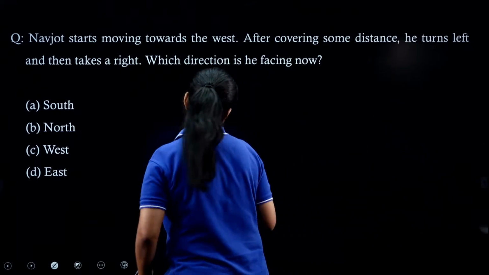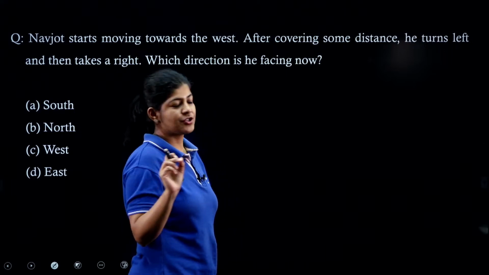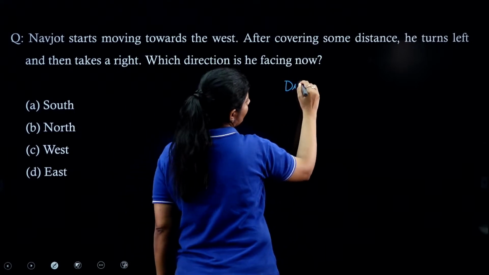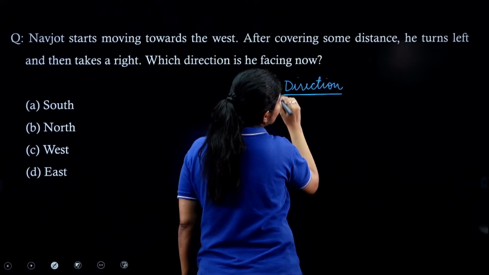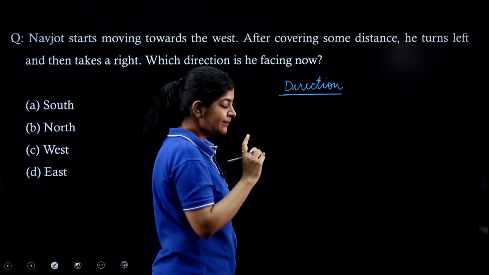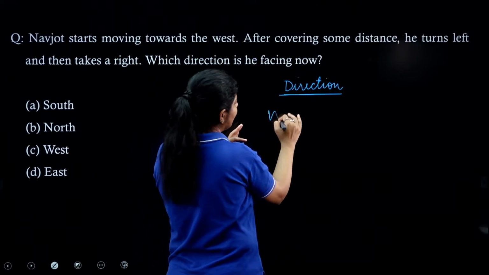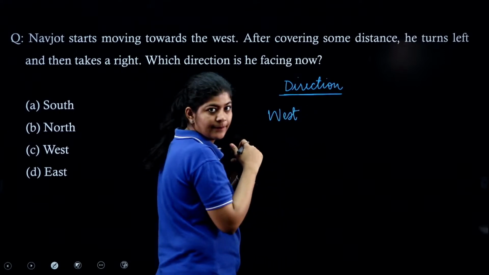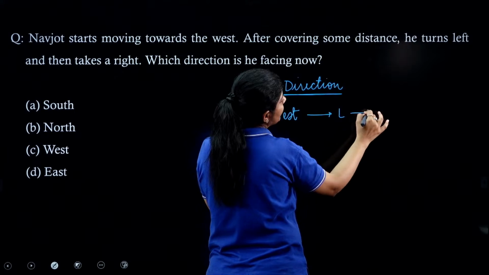I'll tell you one trick. Just listen. If we need to find out the direction, then just write down the initial given direction that we are having. And in this particular question, it is west, right? The question is saying that first he took the left turn and then right turn.